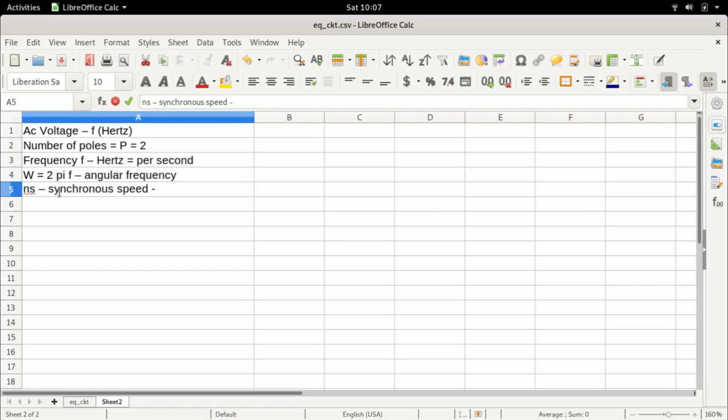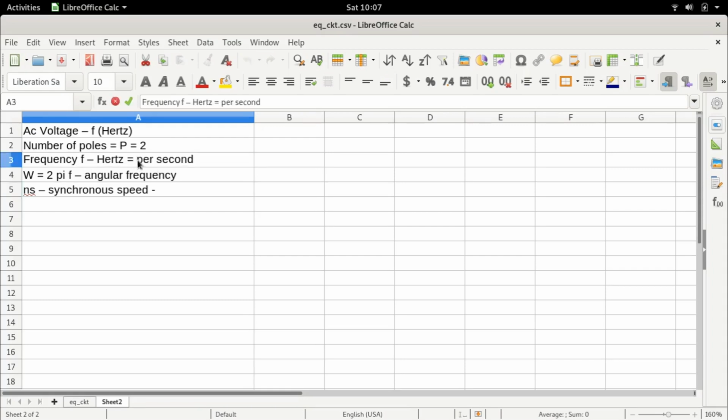And this synchronous speed is defined as the frequency but in revolutions per minute. That's the only difference. This is cycles per second.